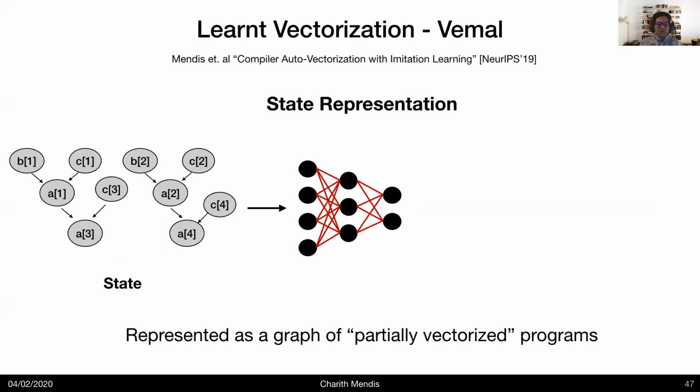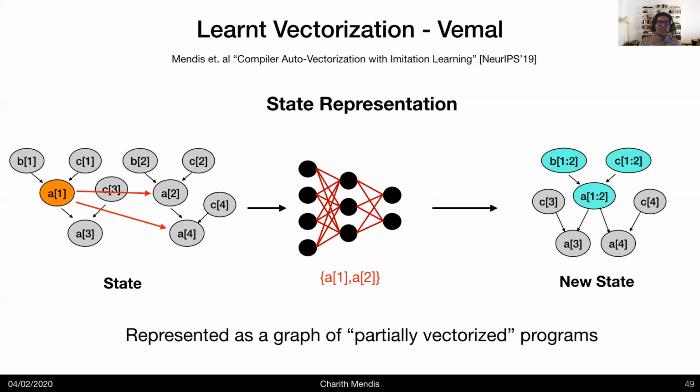So once you have the program dependence graph as your state, then you can select a particular statement, say A1, and ask the neural network whether it's better to vectorize it with A2, A4, or not to vectorize at all. And say that the learned agent selected it to be vectorized with A2, we can then mutate the graph to signify or to denote the decision taken by the learned agent by adding in vector nodes.